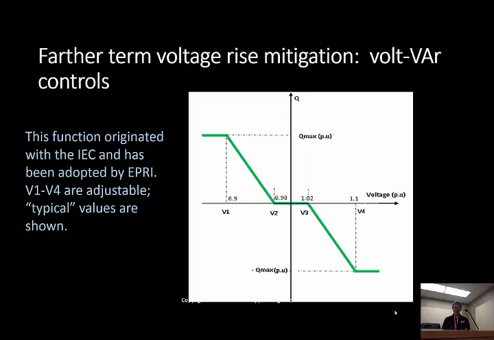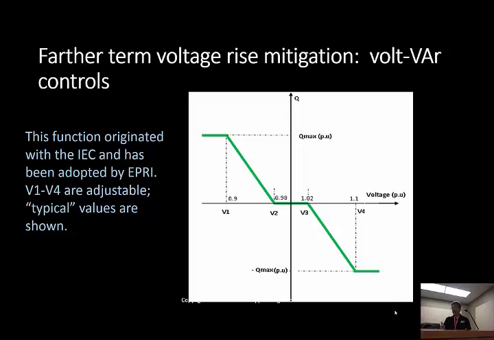We've been recommending a little tighter settings than that because by the time you get to 0.9, the inverter is getting pretty close to its undervoltage trip limit anyway. But we've been recommending that people bring these in just a little bit. But when you do that, bear in mind that now this is closed loop control. And the slopes of those lines effectively are your gains in the feedback path.